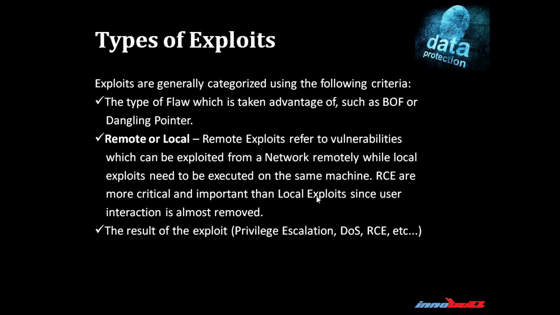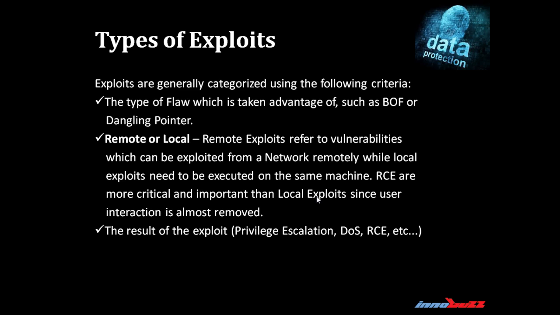Now, based on the type of environment, it is important that exploits be classified into different types. That helps the penetration tester to accommodate several variables in a penetration test, which helps him to conduct a thorough penetration test. Exploits are generally categorized using the following criteria, such as the type of flaw that is taken advantage of, such as BOF or dangling pointer, remote or local.